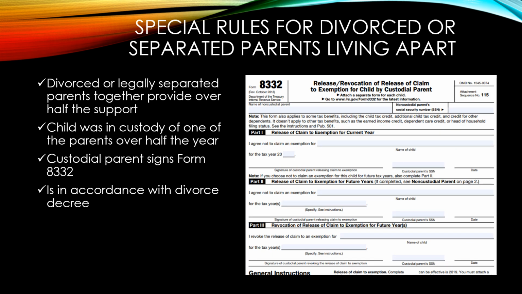And last, before we leave, there are some special rules for divorced or separated parents who live apart. And these are parents who would be considered unmarried, so they are divorced or legally separated.